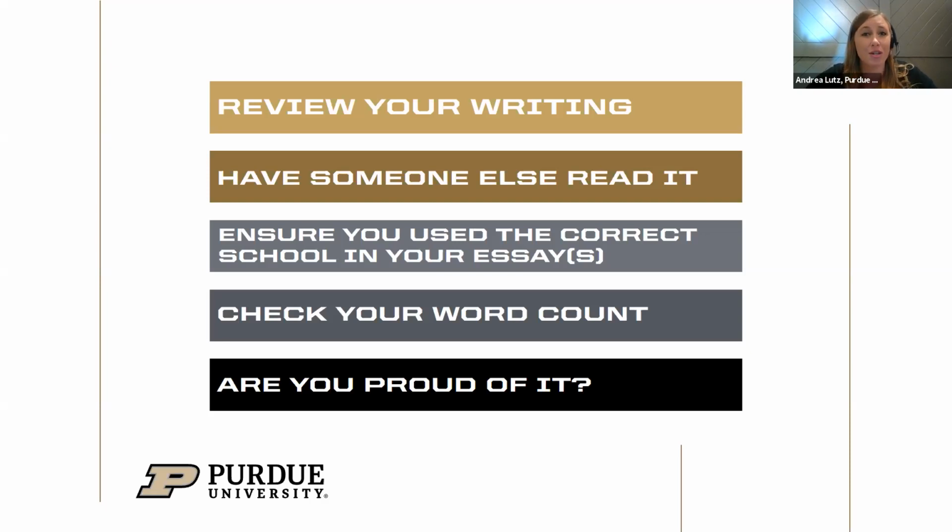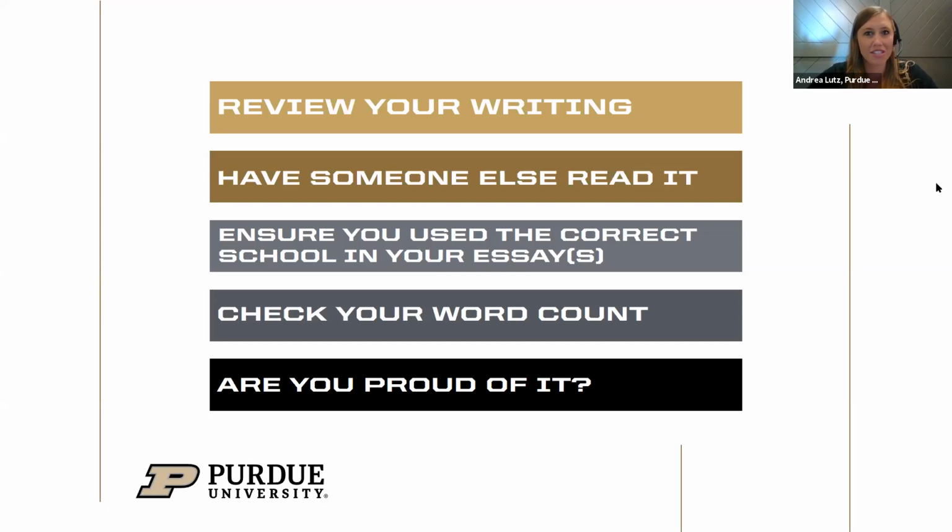And if you're proud of it, then that's a good indication that it is going to be information that's unique to other parts of the app. And if you read it and you're not proud of it, reflect on why that may be and just make the changes. The essay writing process can take time.